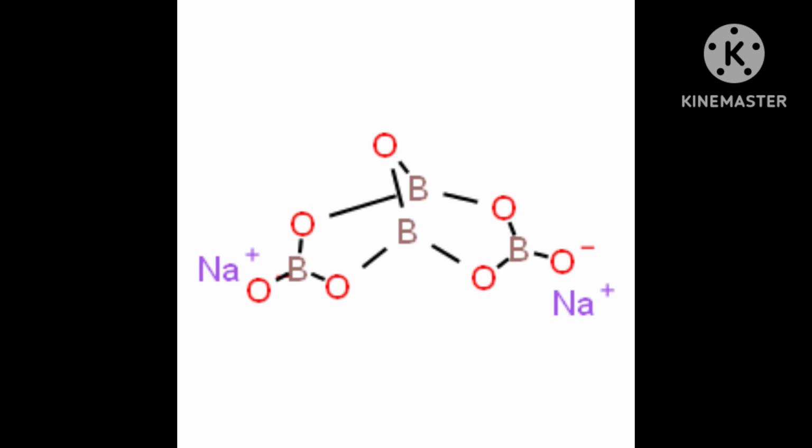BH2(NH3)2 outside is 1 plus, the cation, and BH4 1 minus is the anion; 1 plus and 1 minus are neutralized.